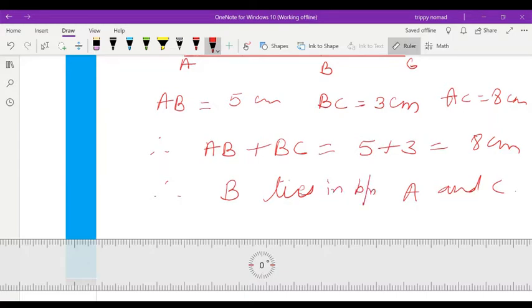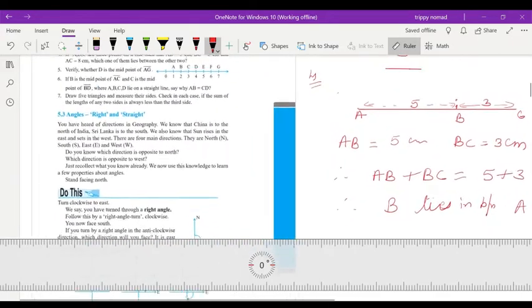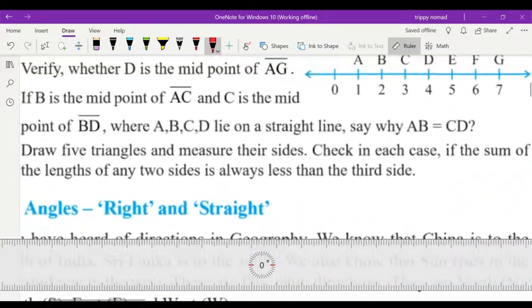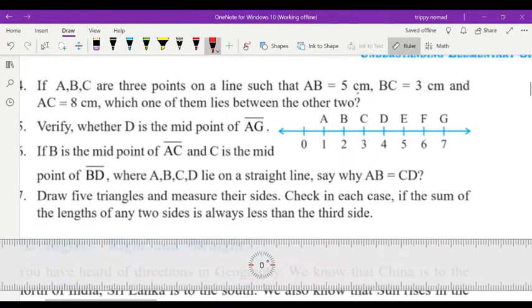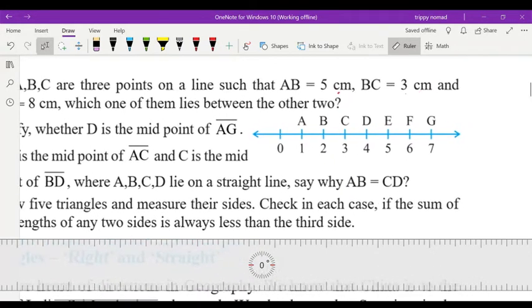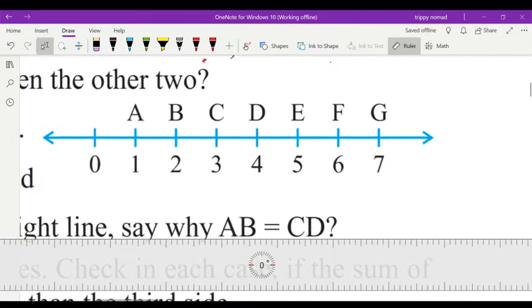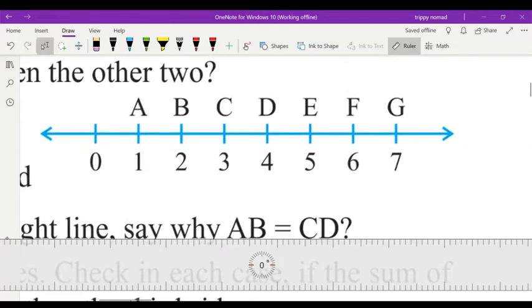Understood all of you? So now we are going to start question number 5. I am going to discuss question number 5. Verify whether D is the midpoint of AG. From this diagram we can answer the question and verify this. This is D point.